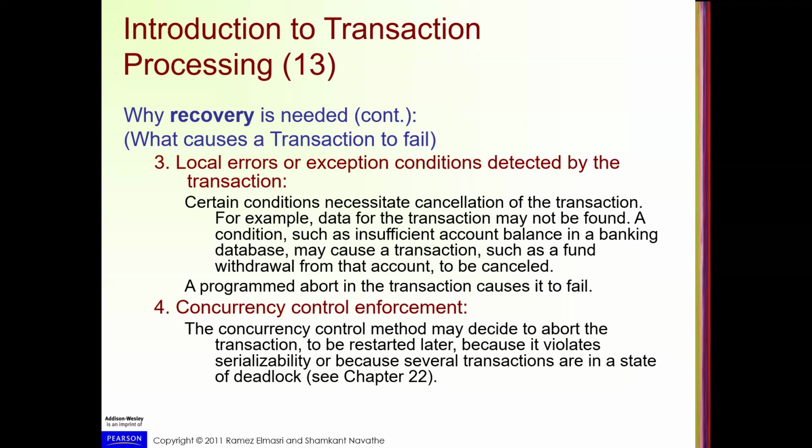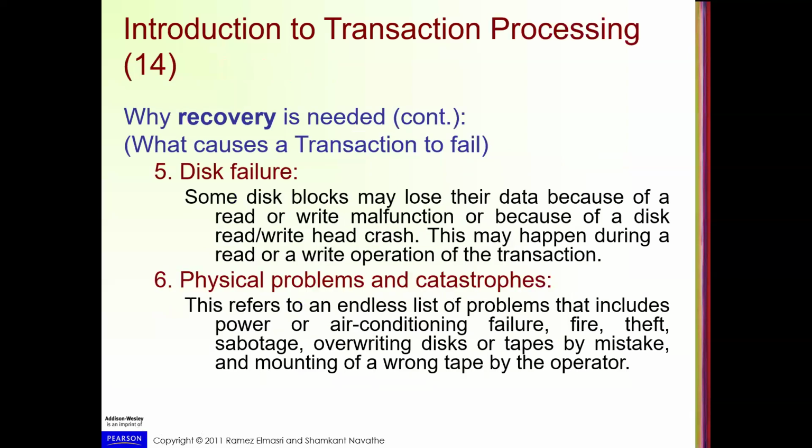This is called a deadlock. In such cases, the concurrency control mechanism will kill one of the transactions and take the data item from it and give it to another transaction so that the other transaction can complete, and after it completes, the concurrency control mechanism will give the chance to the other transaction to run on these data items.